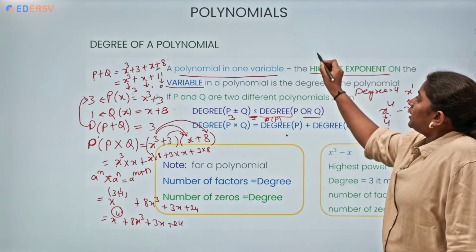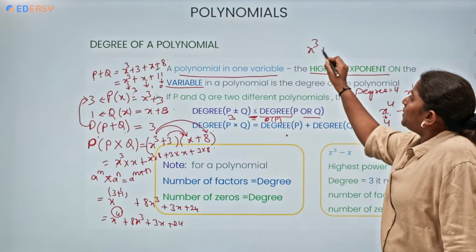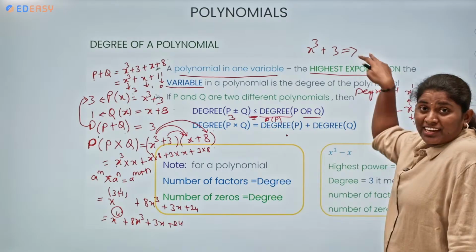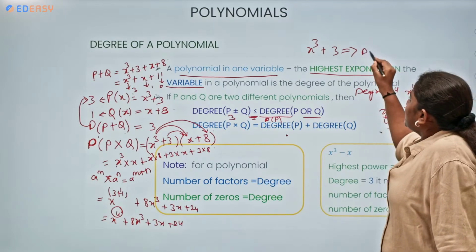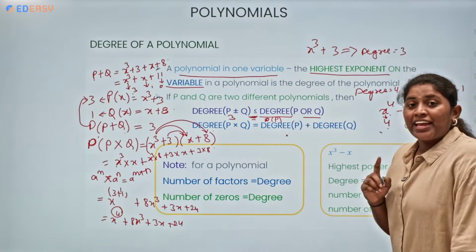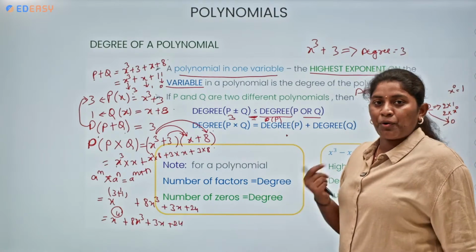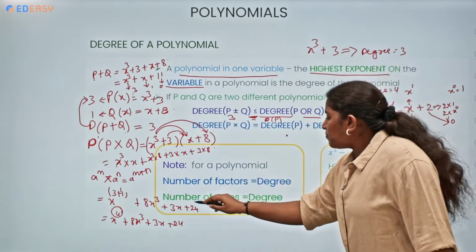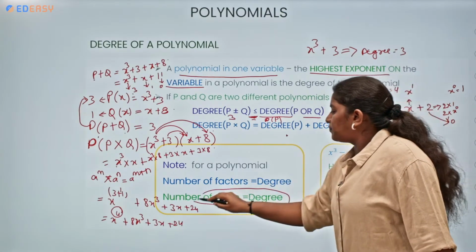Fine. Now, what about the note? If I am having a polynomial x cube plus 3, okay, here simply we can say by looking at this, degree equals 3, right? Now, can we relate the zeros of the polynomial to the degree? Yes, where number of zeros equals degree.